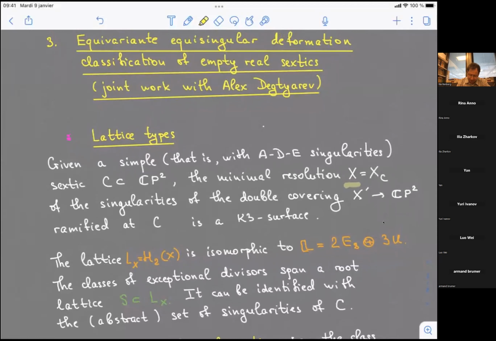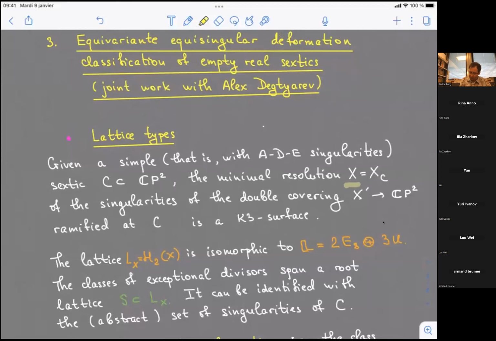So we have this lattice H2. H2 of X is equipped with a symmetric bilinear form. And by the way, when I write H2 of something without mentioning coefficients, the coefficients are integers. So H2 of X is equipped with the intersection form, this symmetric bilinear form with integer values.